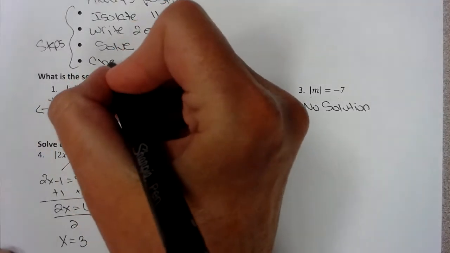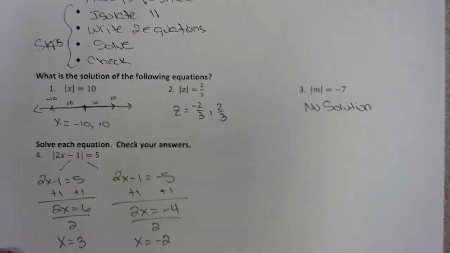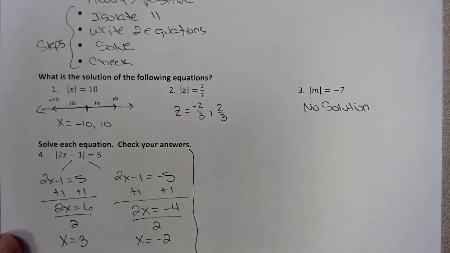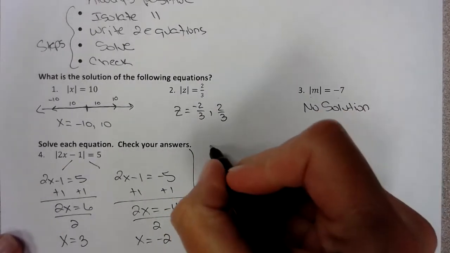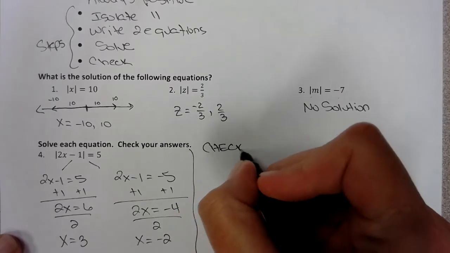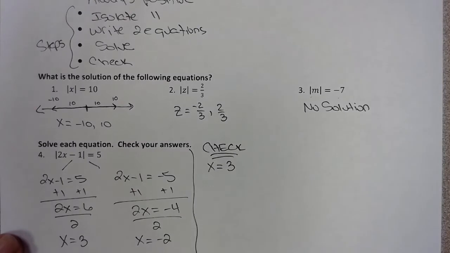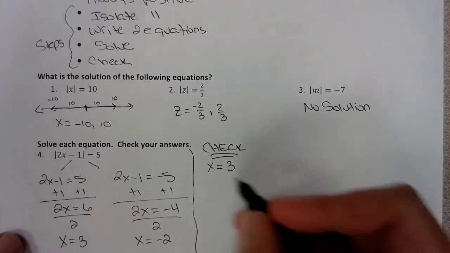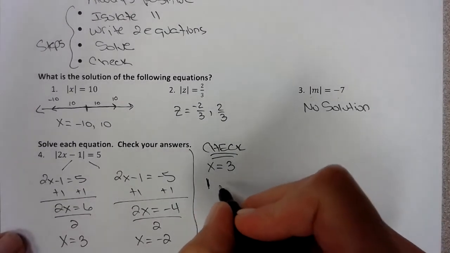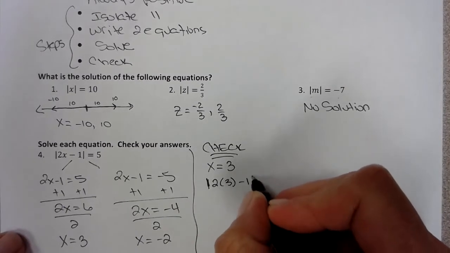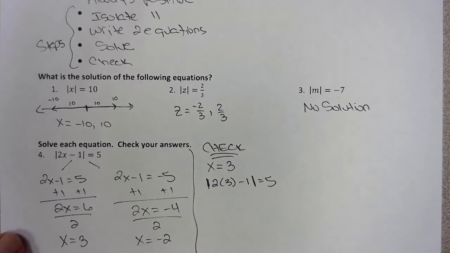The last step is that you always have to check your solutions. There are times when one of the solutions may not work. So I'm going to plug 3 in for x into my original equation and make sure it's a good answer. 2 times 3 minus 1 equals 5.